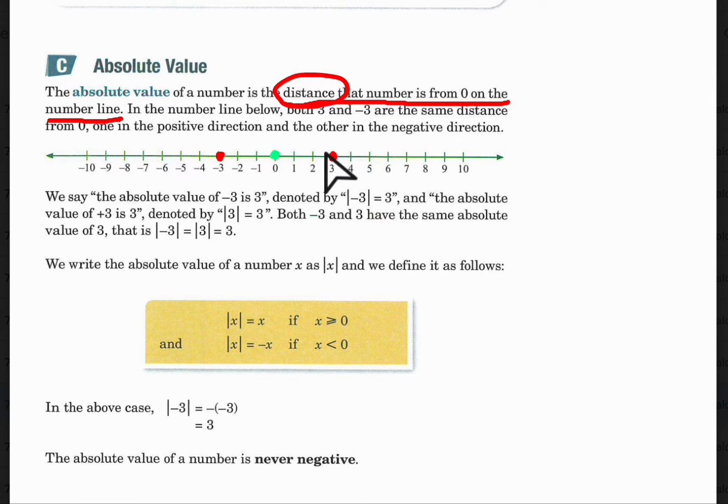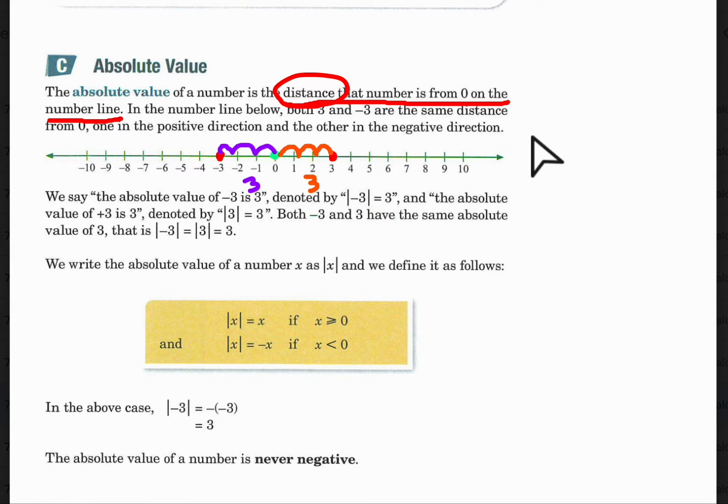Okay, so 3 would be 1, 2, 3 spots away from 0, and negative 3 would also be 1, 2, 3 spots away from 0. So they actually have the same distance away from 0. So when somebody is asking us the absolute value of negative 3, it's 3. The absolute value of positive 3 is also 3.